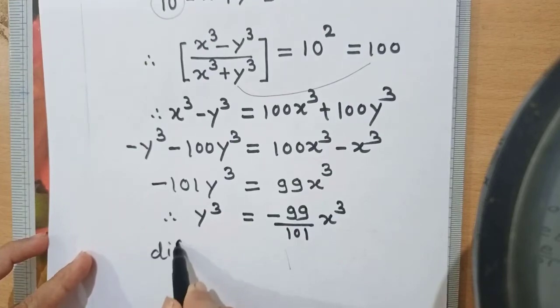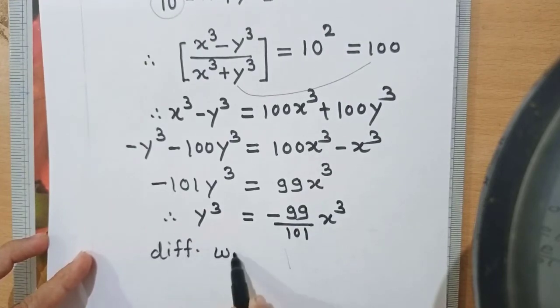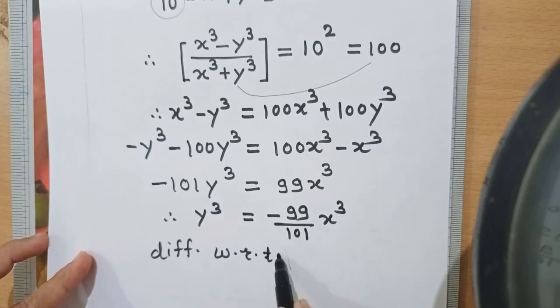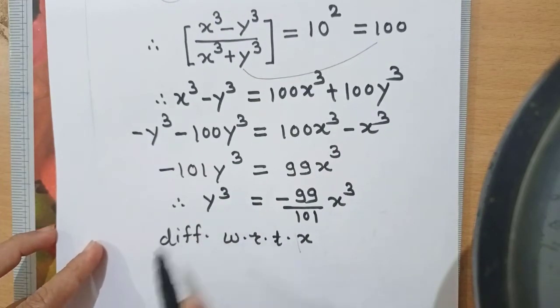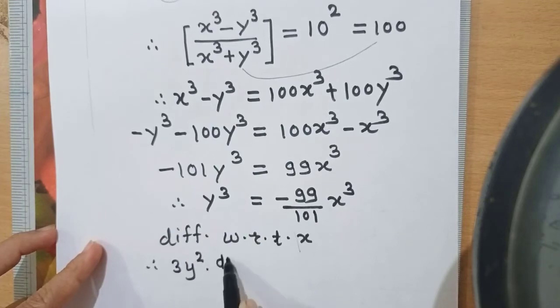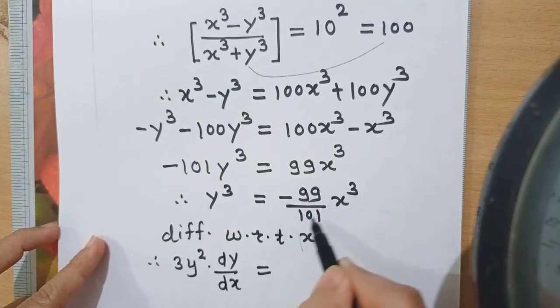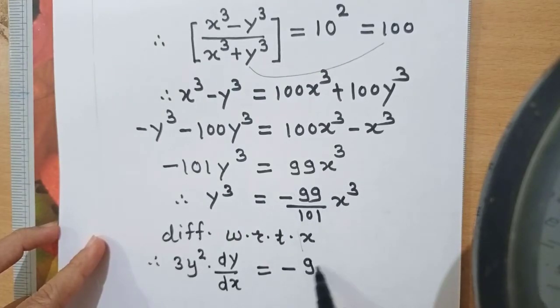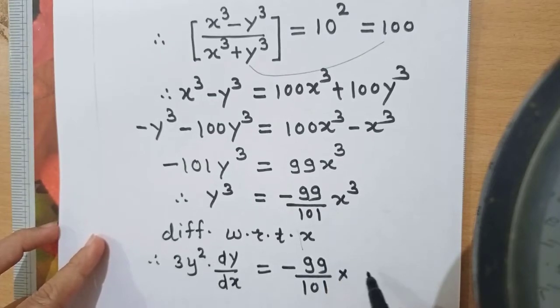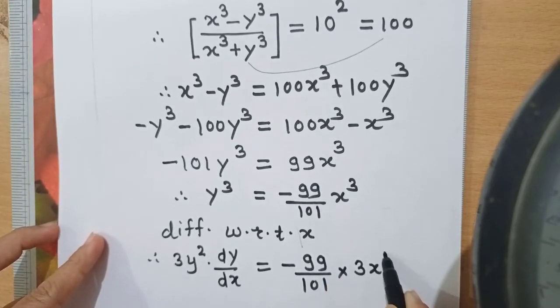Now differentiate with respect to x, and therefore the derivative of this is 3y square into dy by dx, and that is equal to, since this is constant, keep as it is, and the derivative of x cube is 3x square.